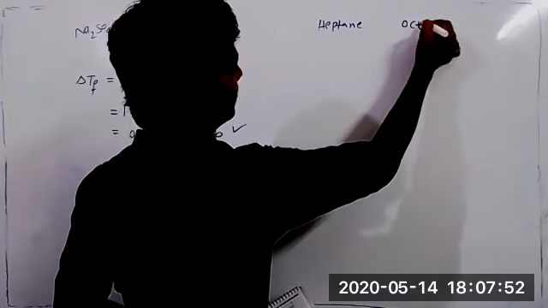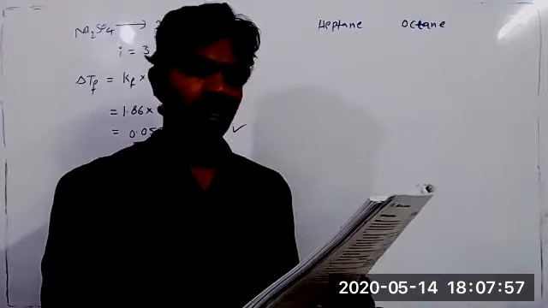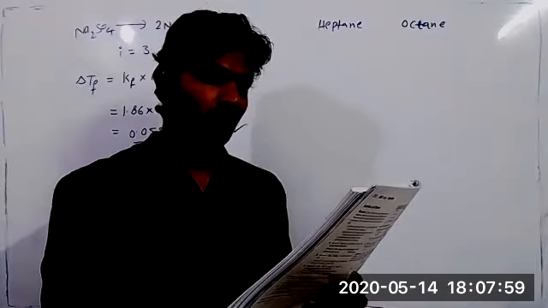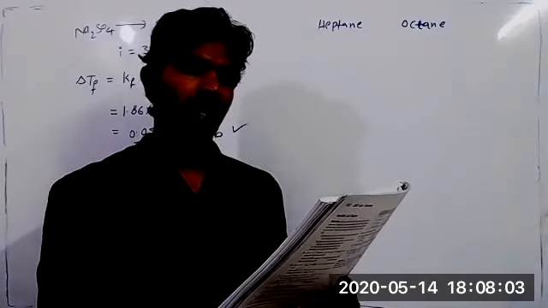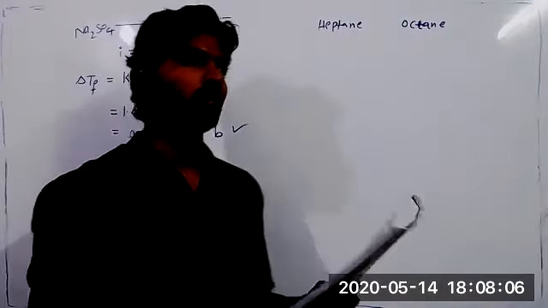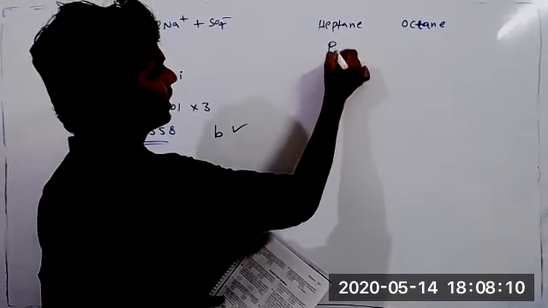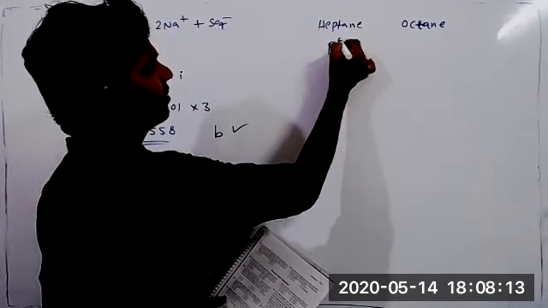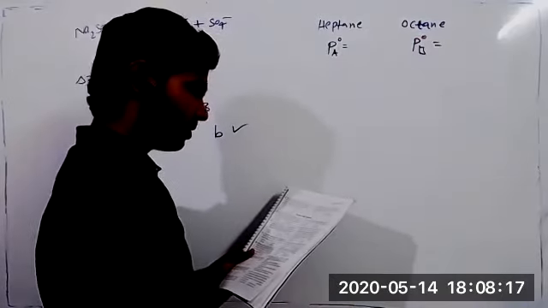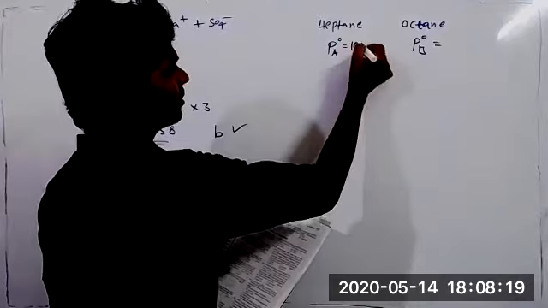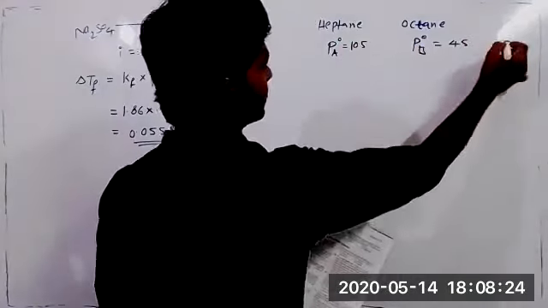At 373 Kelvin, the vapor pressures of the two liquid components are 105 kilopascal and 45 kilopascal respectively. So the vapor pressure of heptane, directly take this as PA power 0, and this as PB power 0. This is 105, this is 45, both in kilopascal.